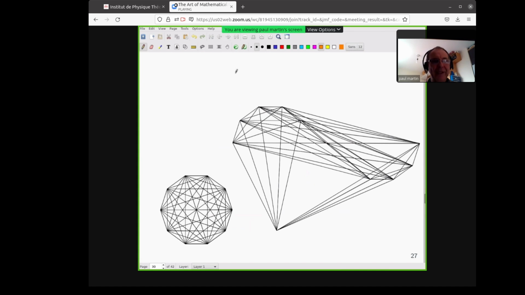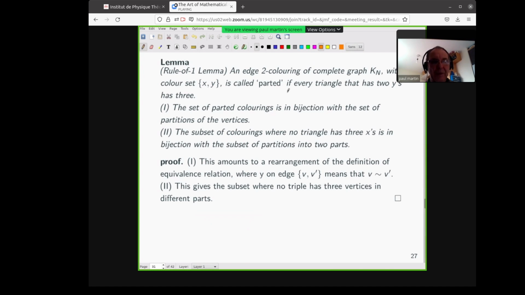But actually, with this 4-fold partitioning organizational principle, we can construct all of the solutions that there are.